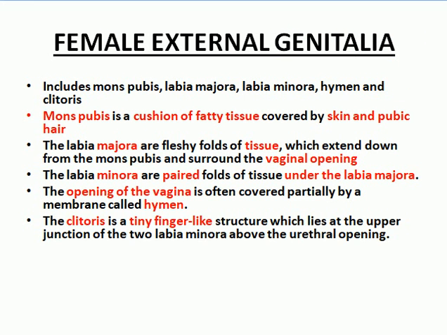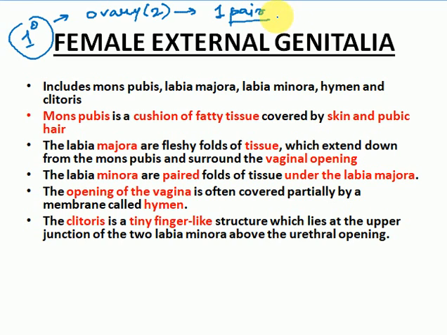So since we have already talked about the primary organ related to the female reproductive system, that is the ovary, which are two in number, so we can say there is one pair of ovaries. Why are they called primary sex organs? Because they form the ova, and second important thing, they are responsible for the synthesis of female sex hormones. The second important thing that we have learned is the structure of the uterus.